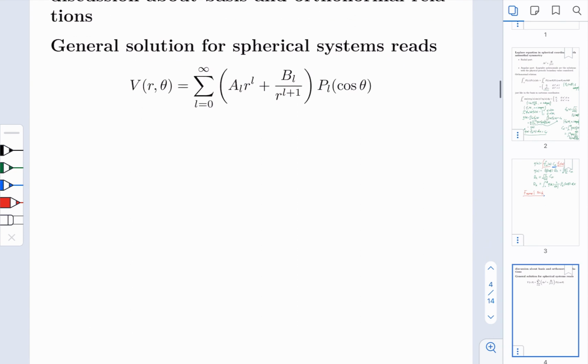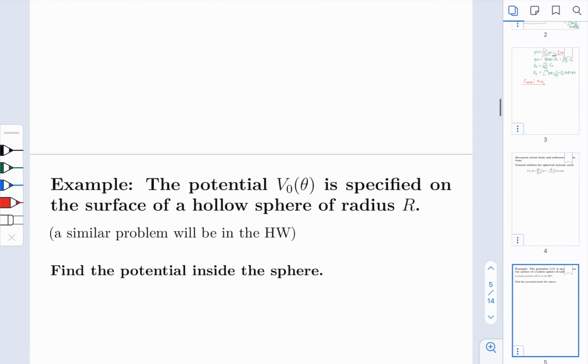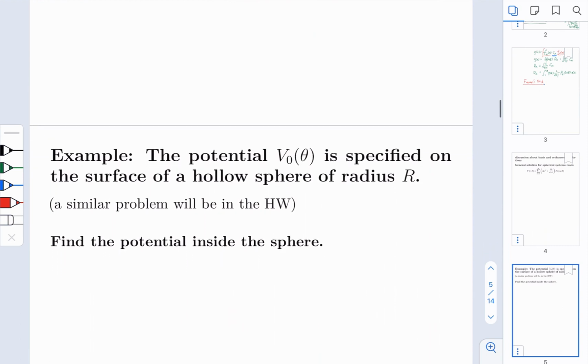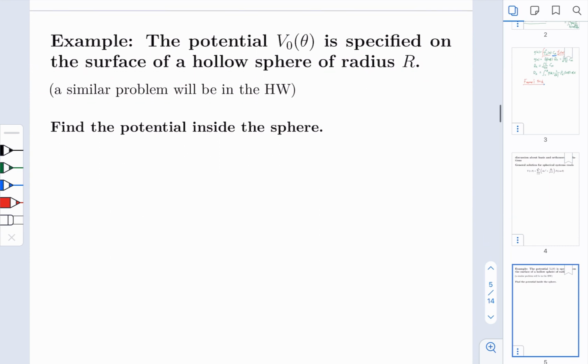Okay, so let's now take a look at one of the problems. Here the problem is asking, given the potential, what will be the solution inside this hollow sphere.